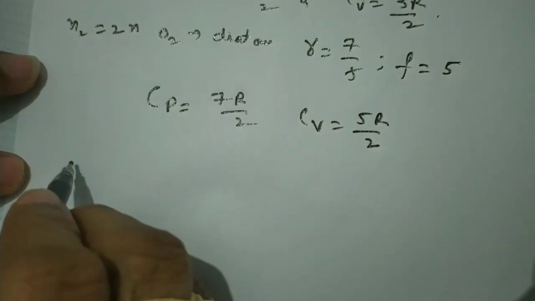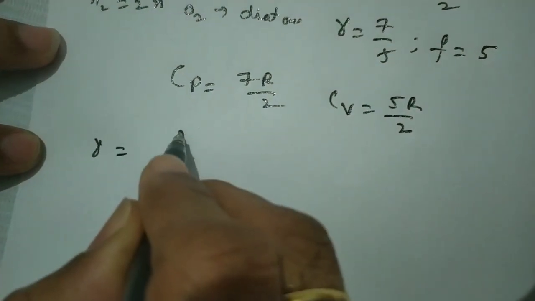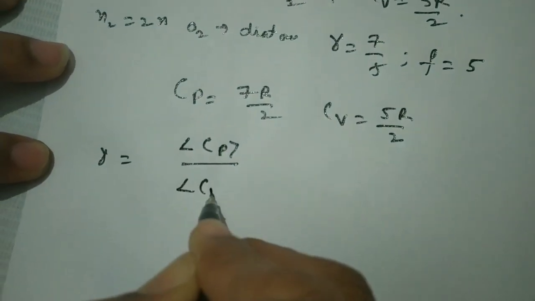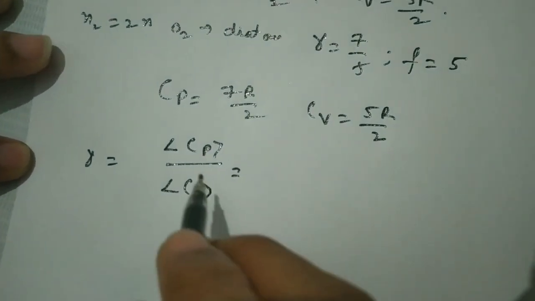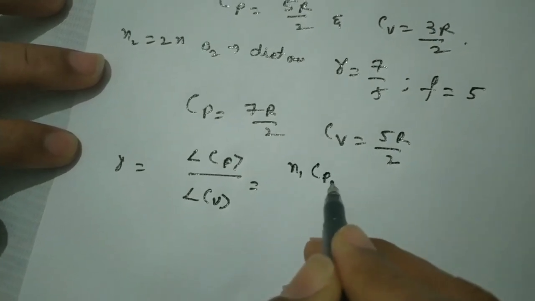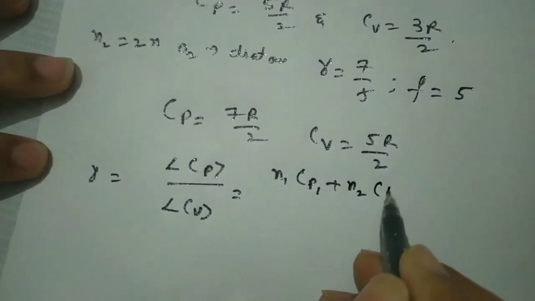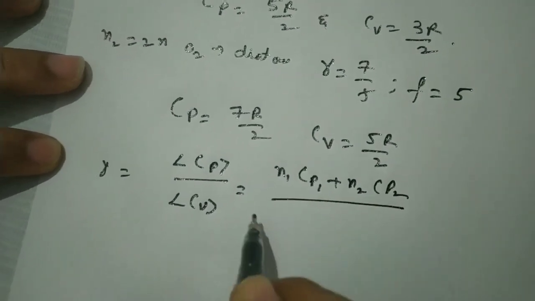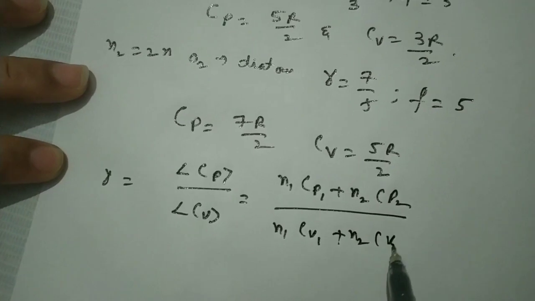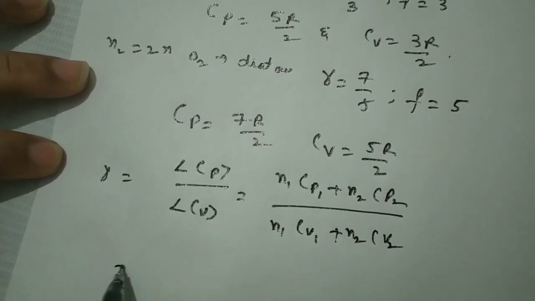Then the value of gamma for the mixture is the average value of Cp of the mixture by the average value of Cv of the mixture. Average value of Cp is N1 Cp1 plus N2 Cp2 by N1 plus N2, divided by N1 Cv1 plus N2 Cv2 by N1 plus N2. N1 plus N2 get cancelled.